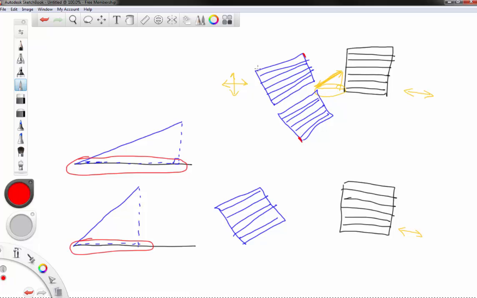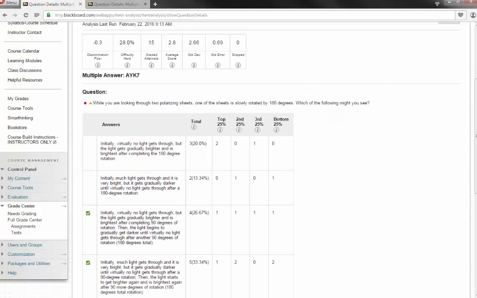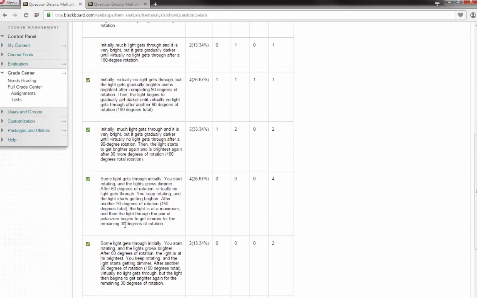And that's true for any possible orientation of this thing. So we can eliminate option A, and we can eliminate option B, because option B says essentially the opposite. Initially it's very bright, and then as you rotate it keeps getting darker, and then when you've completed that 180 degrees it's the darkest. So these are both wrong.